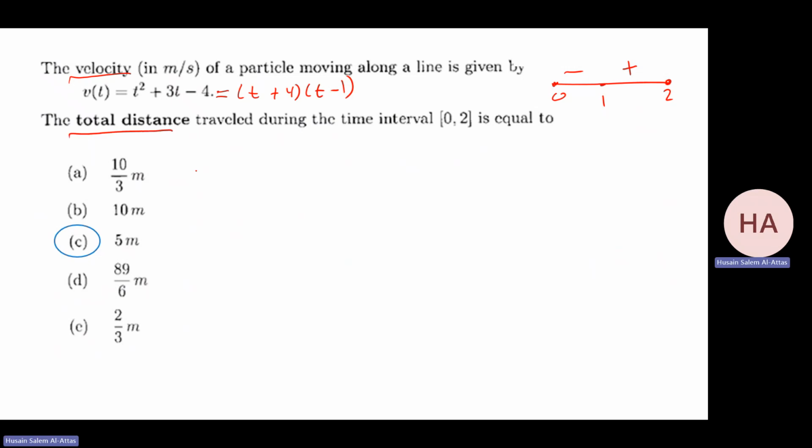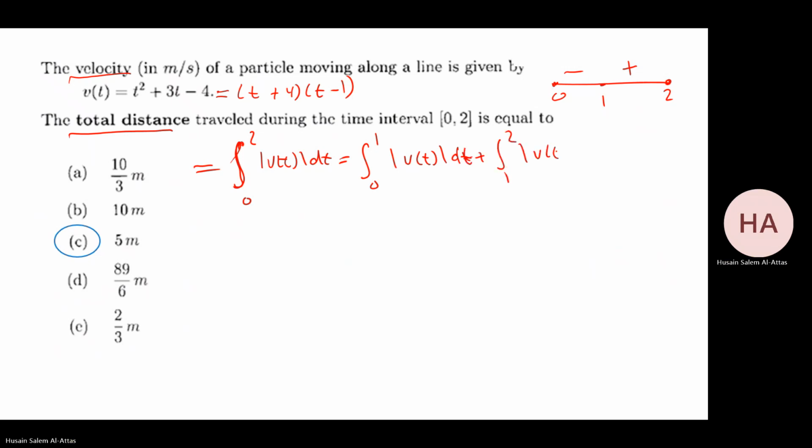Total distance. So the total distance will be what? Integral from 0 to 2 of absolute value v of t dt. I need the total distance, so I need to split it from 0 to 1 and from 1 to 2. The rest is just calculation. This will be negative and this will be positive.